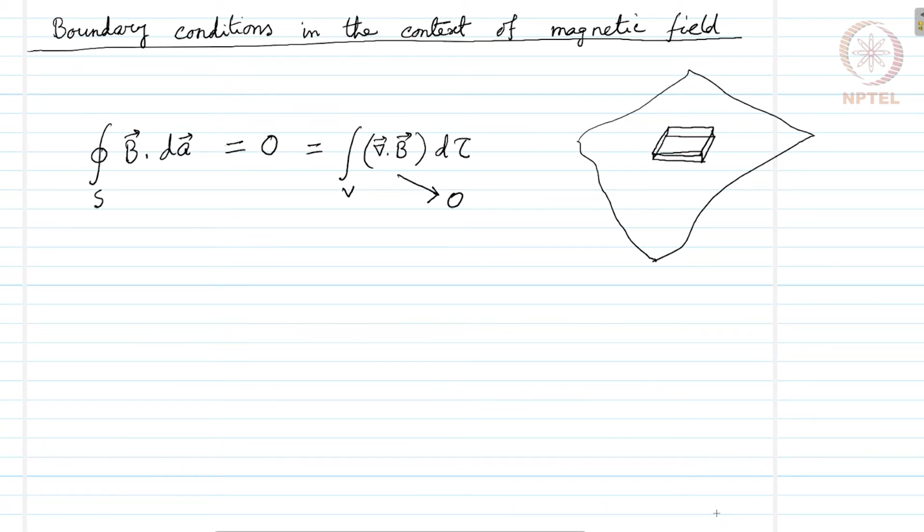Therefore, with a very thin box, we can write that since the surface integral over this enclosed surface will always be 0, the perpendicular component of the magnetic field above is equal to the perpendicular component of the magnetic field below.